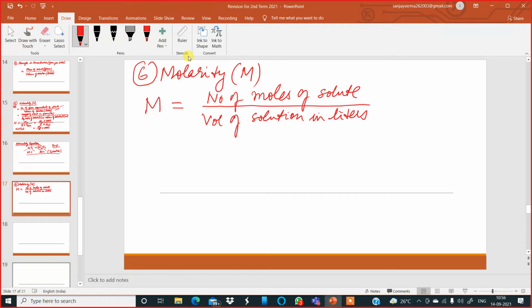So this is the first definition over here. Molarity is defined as number of moles of solute to the volume of the solution in liters.